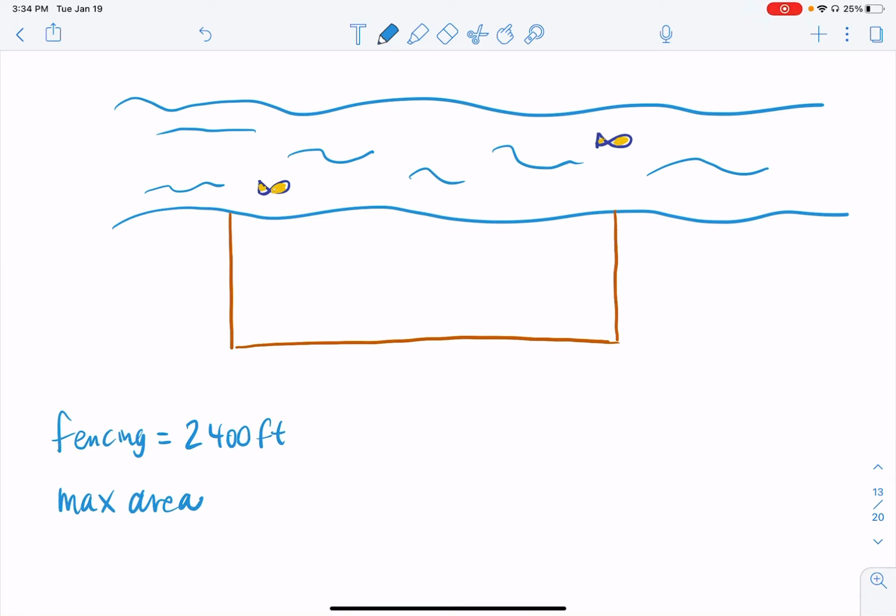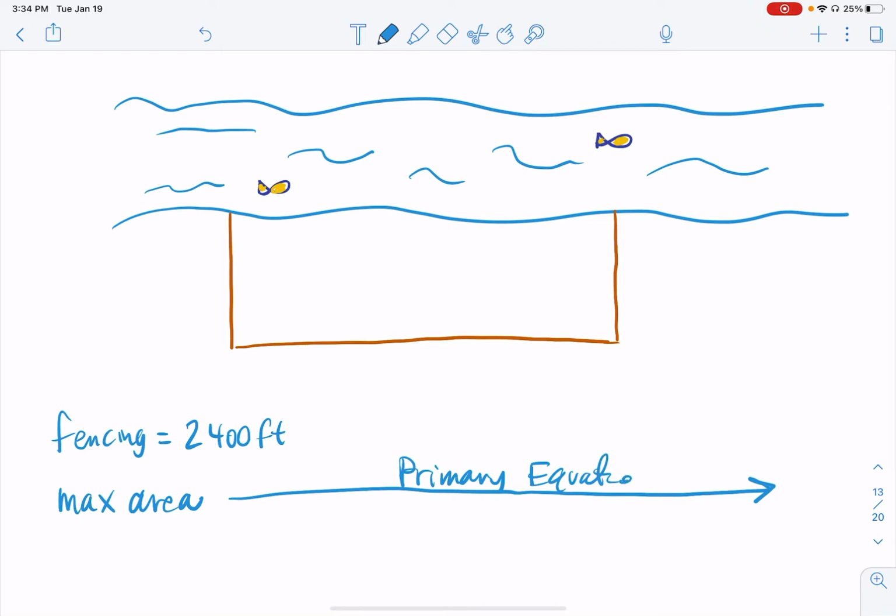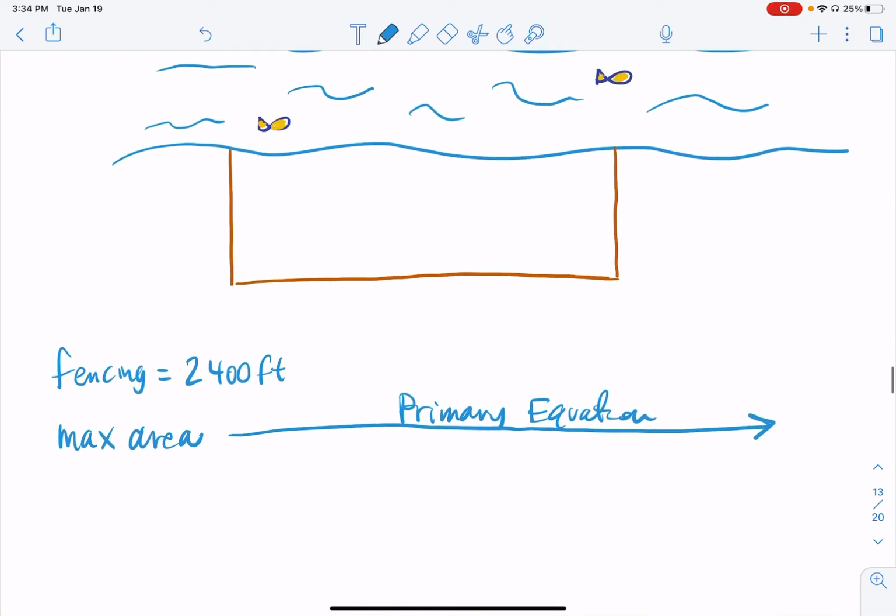How do you find the area of a rectangle? Well, this is going to lead us to our primary equation. We need an area equation of a rectangle, which of course is a length times a width, or base times height, whatever you want to call it. And we can choose some variables here.